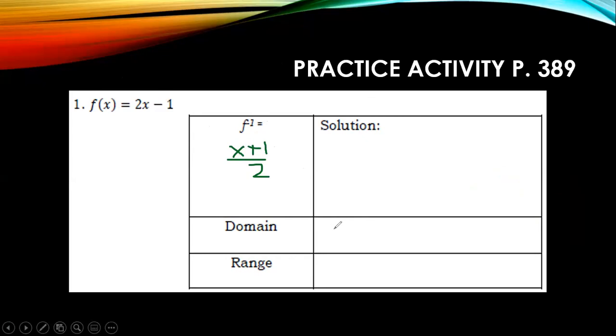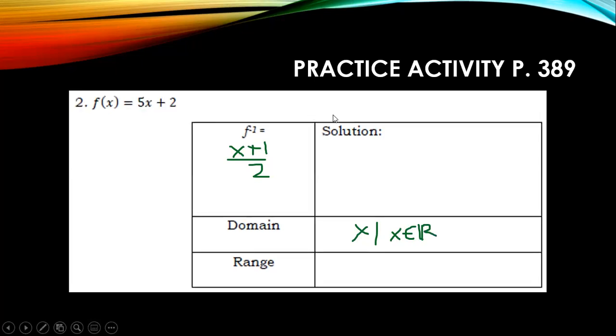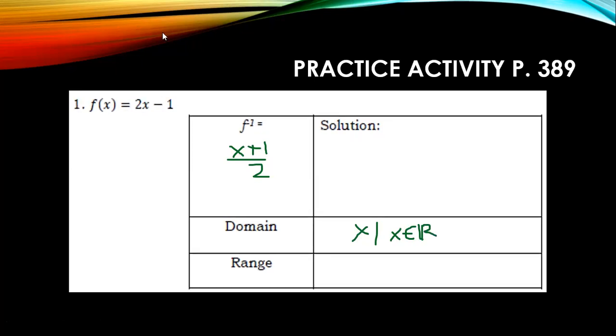So, x such that x element of real numbers. And for the range, kahit ano rin naman yung substitute natin na value. So, y such that y element of all real numbers. Okay?